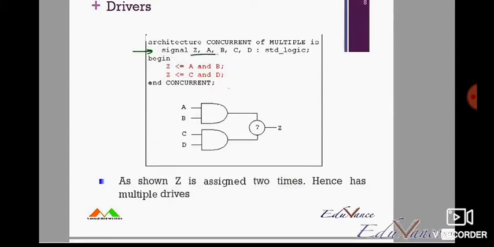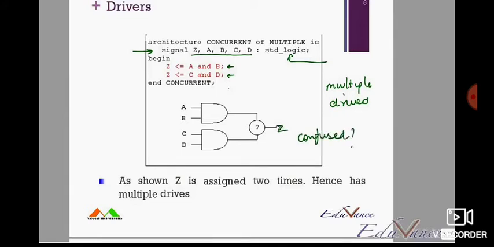Signals are defined as Z, A, B, C, D of the type standard logic, such that Z is assigned A and B, and Z is also assigned C and D. So there are what we call multiple drivers, and now Z is, I would like to use the word confused, because should I take A and B or should I take C and D?